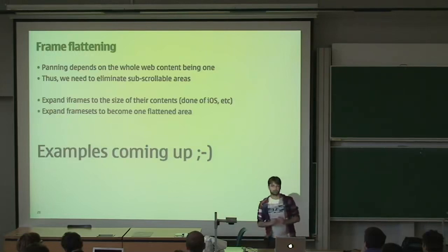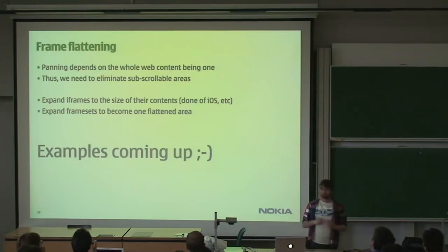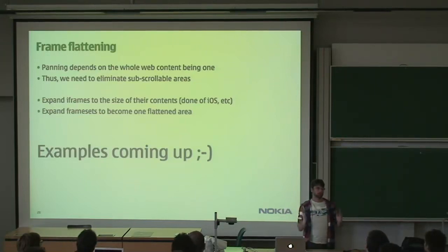Another big issue with scrolling content using the fingers is that we want it to be one area that you're scrolling. It really confuses people if you're scrolling and suddenly you hit some sub-area that's scrollable, because suddenly you start scrolling differently. That could be a page that has frame sets, or a page that has iframes that are scrollable.